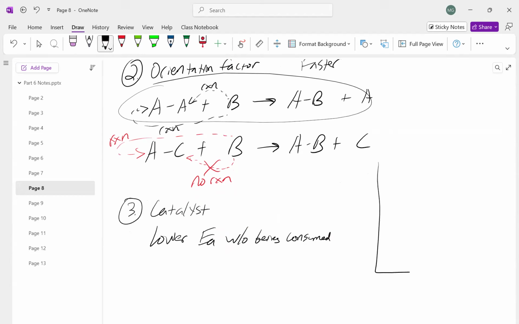So if we have this reaction here that's got this high activation energy going down to products, what a catalyst will do is cut that hill down and lower the activation energy.